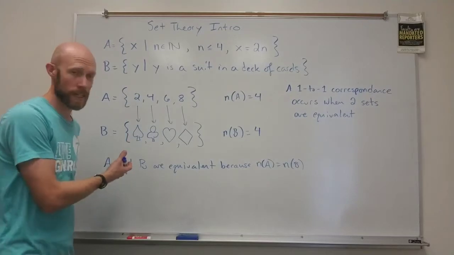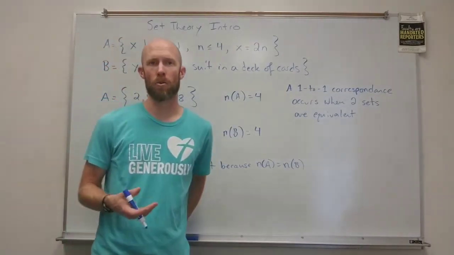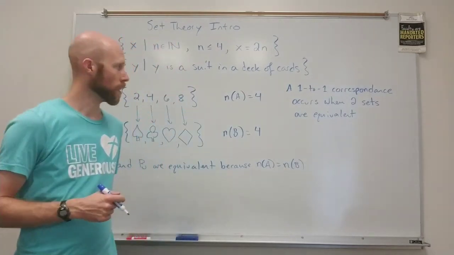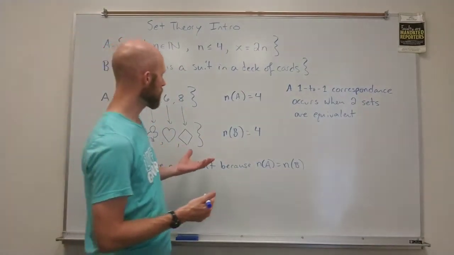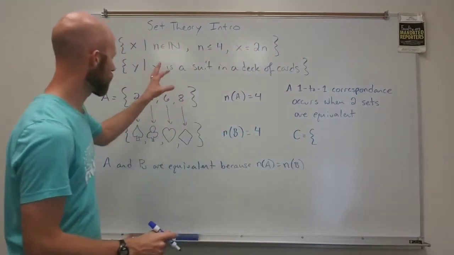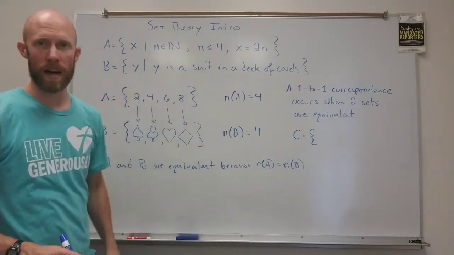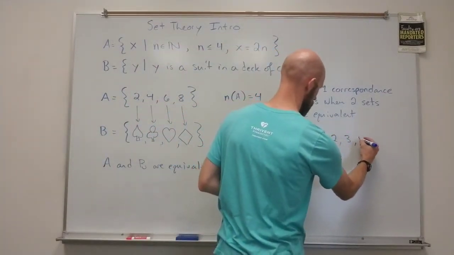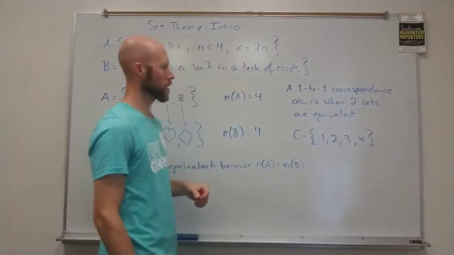This is an interesting idea, and sometimes that correspondence can be represented mathematically. If I took another set, maybe I just take the set C, I'll make one up here. It's one that we've kind of already looked at with the n values. 1, 2, 3, 4. Okay.